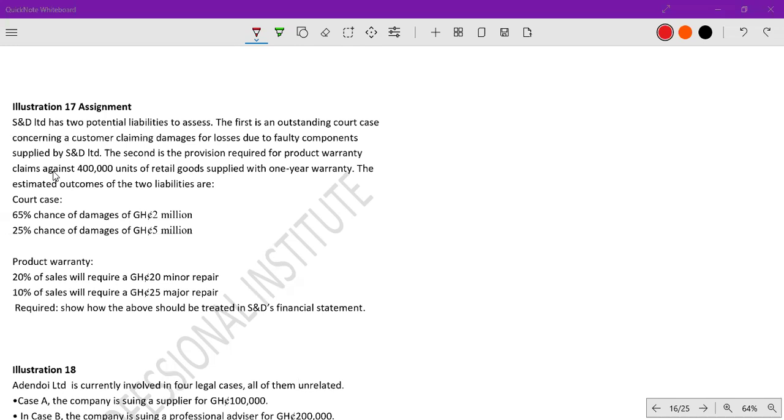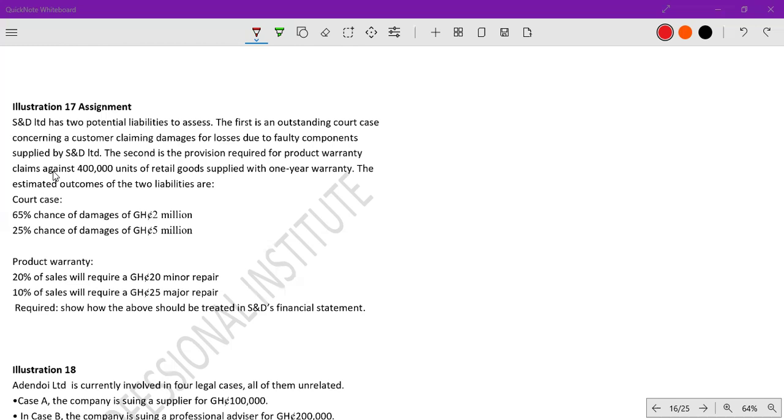The estimated outcomes of the two liabilities are: court case, 65% chance of damages of 2 million Ghana cedis, 25% chance of damages of 5 million Ghana cedis.